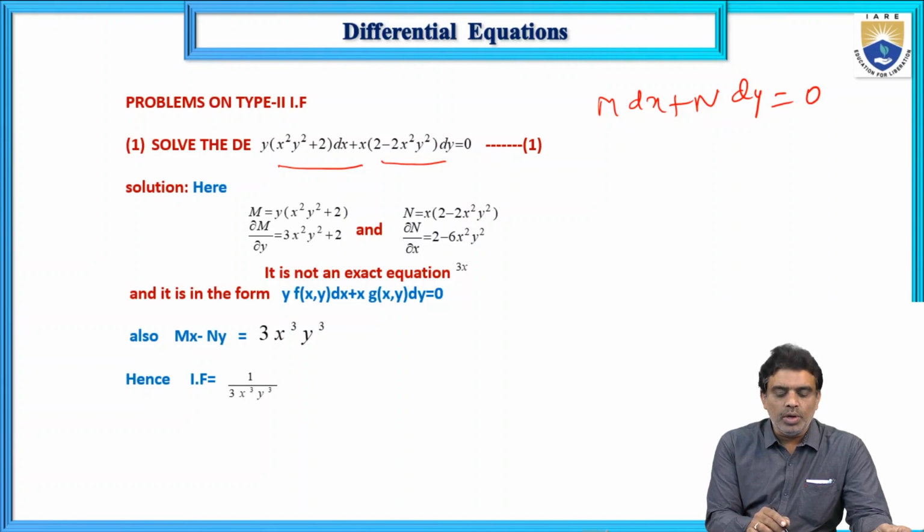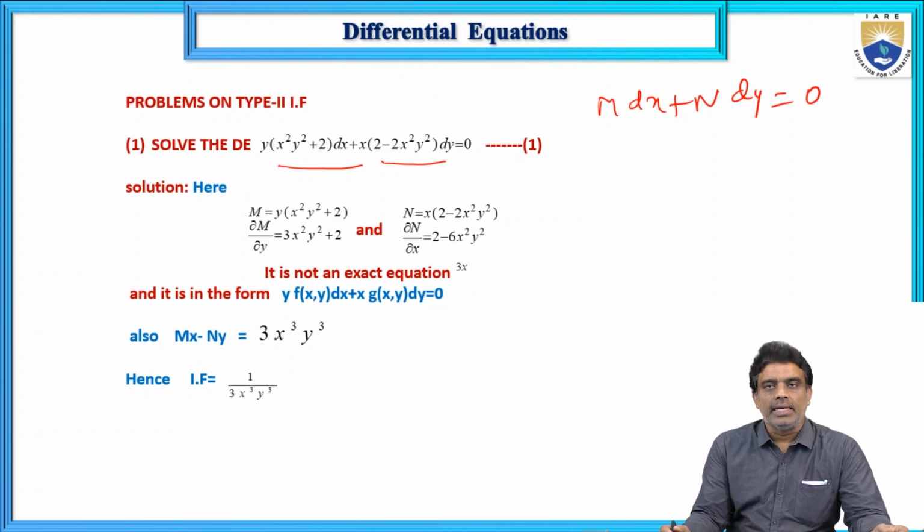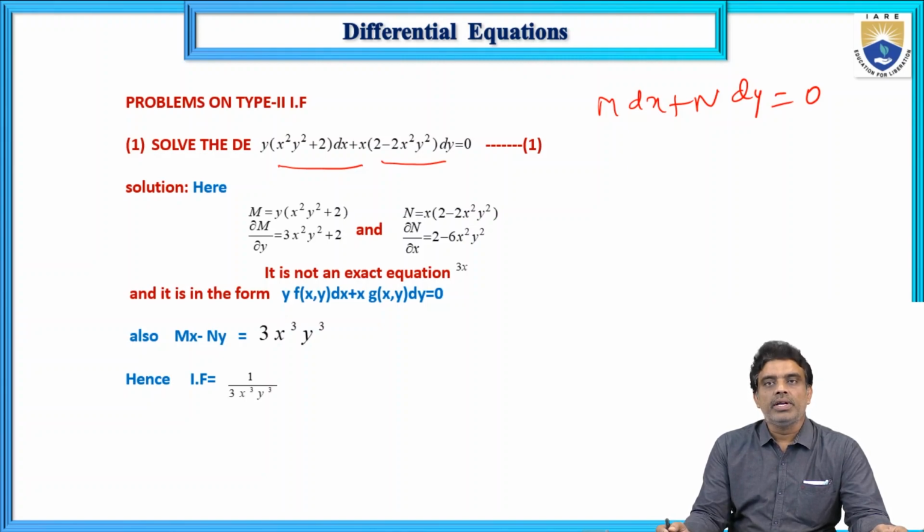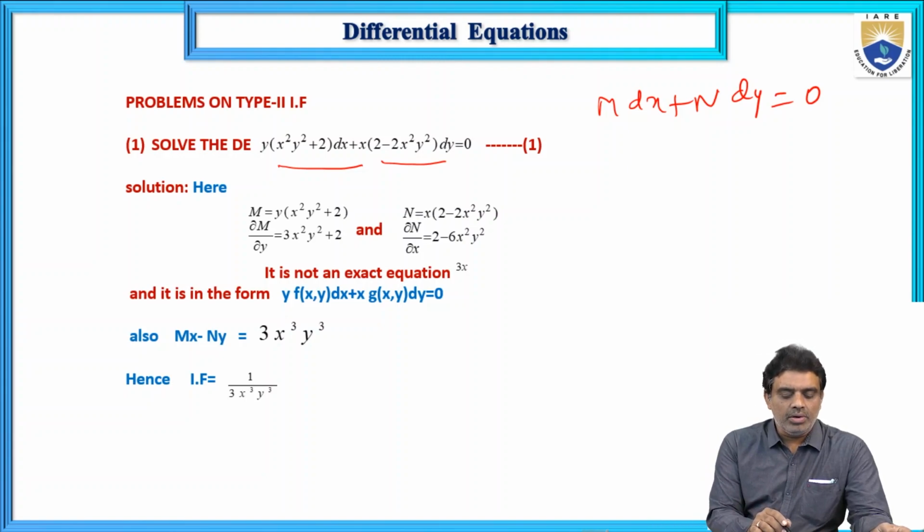First I am going to check the condition of exactness, whether the given equation is an exact equation or not. This can be done by finding dou M by dou y and dou N by dou x, and if these two are equal, then the given equation is exact. Now I find dou M by dou y, the partial derivative of M with respect to y.